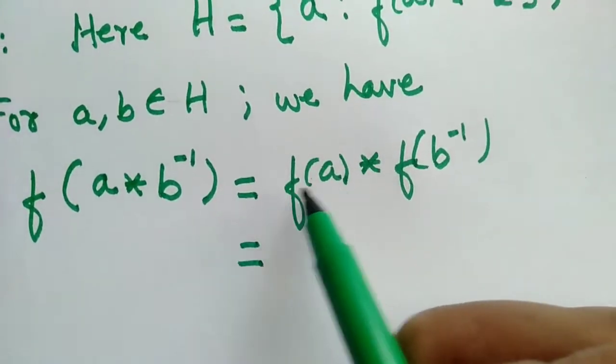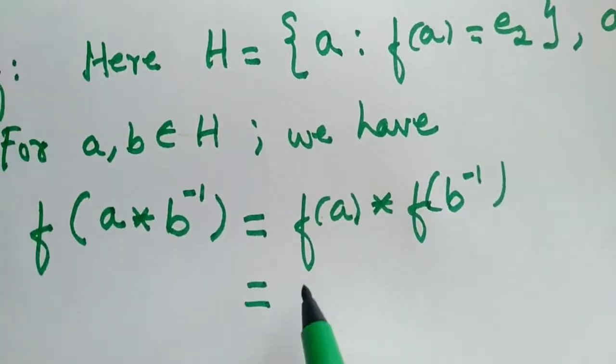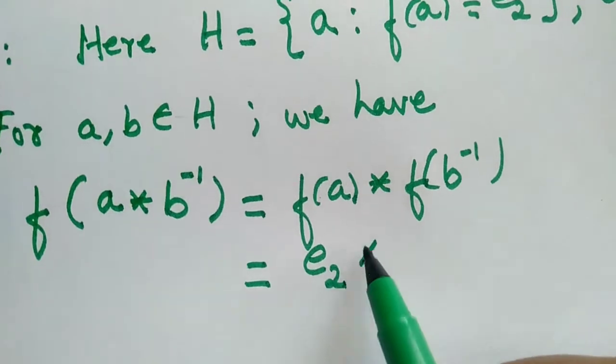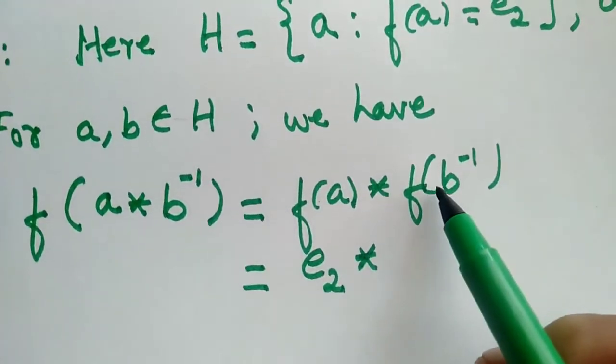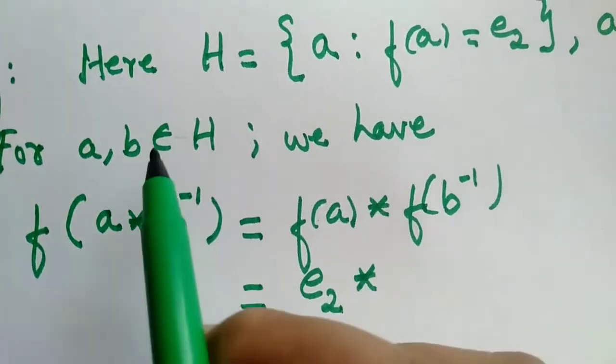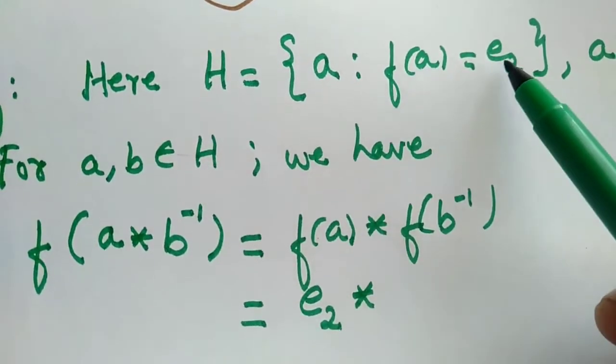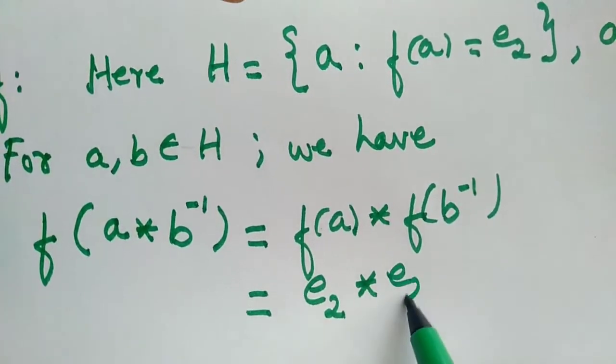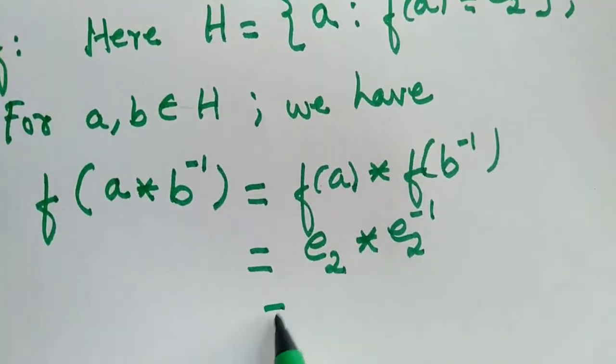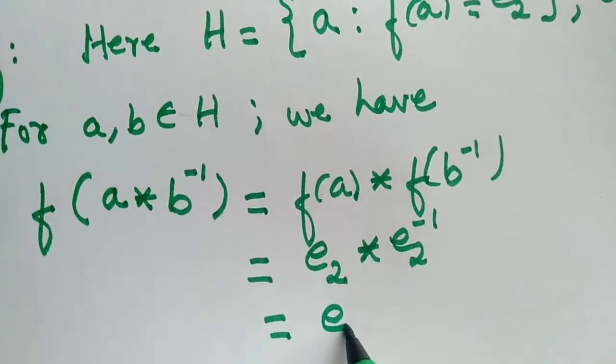So what is F(A)? F(A) is E2 star. What about F(B) inverse? B belongs to H, so F(B) inverse is E2 inverse. This is nothing but E2 only.